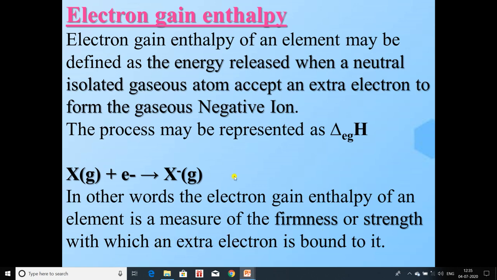If an electron is added into the isolated gaseous atom easily, that means more energy will be released, so the value of energy will be more negative. And if addition of an electron into the isolated gaseous atom is difficult, then less energy will be released. That means the value of energy will be less negative, or it may be positive.